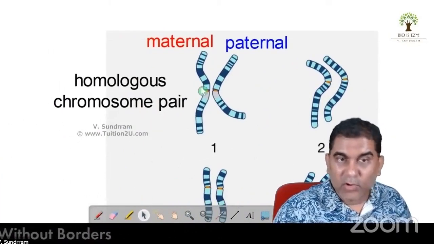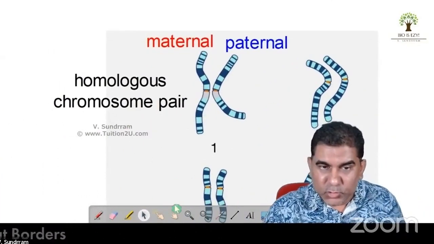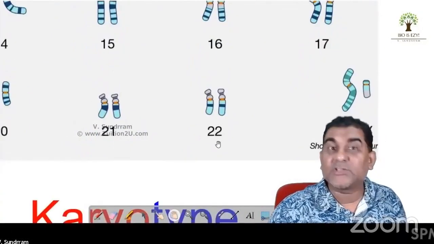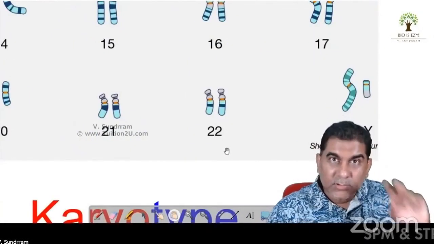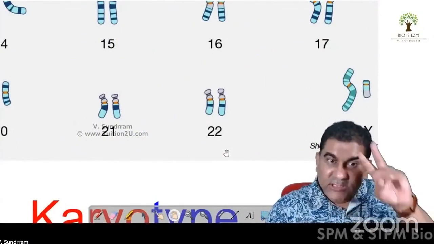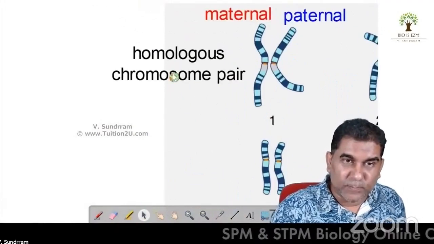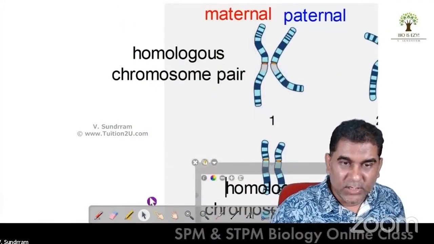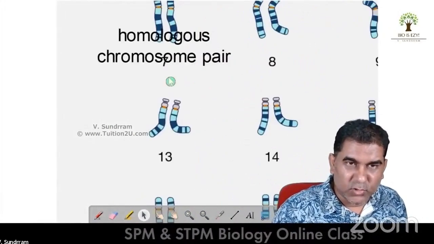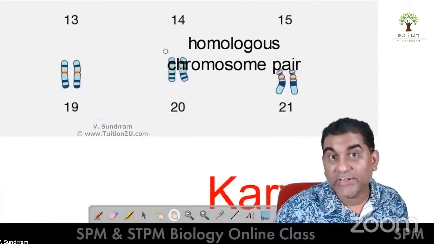We have homologous chromosome pair number 2, 3, 4, 5, until number 22. So our cell has 22 homologous chromosome pairs.